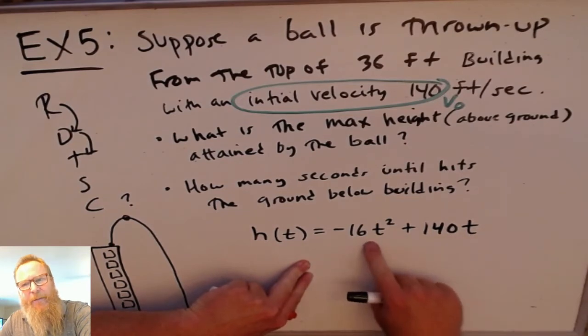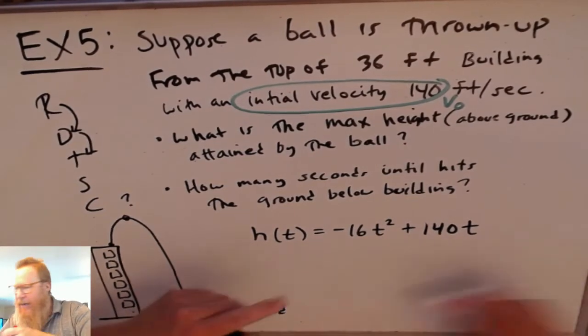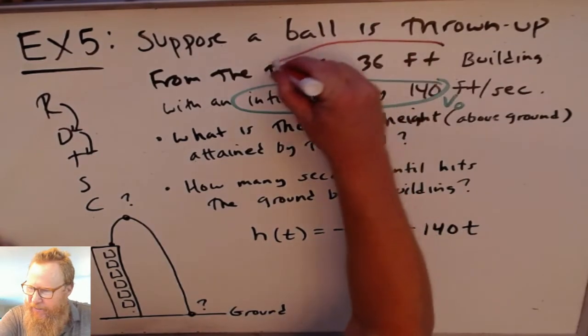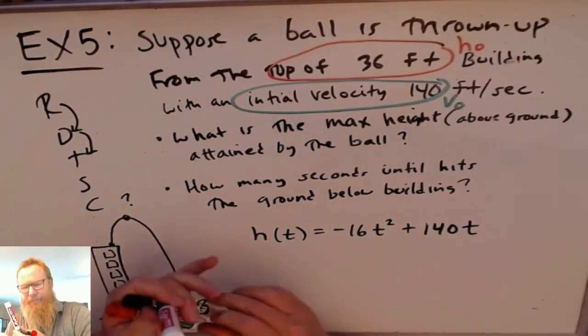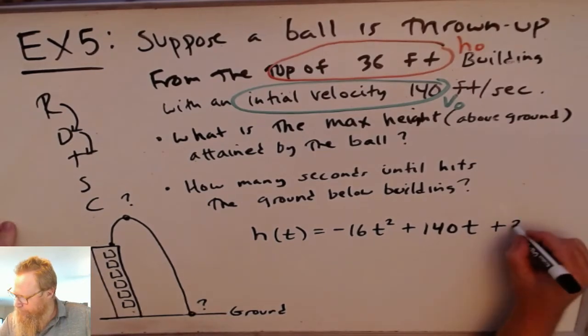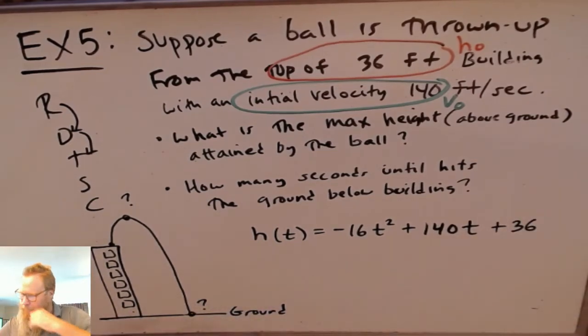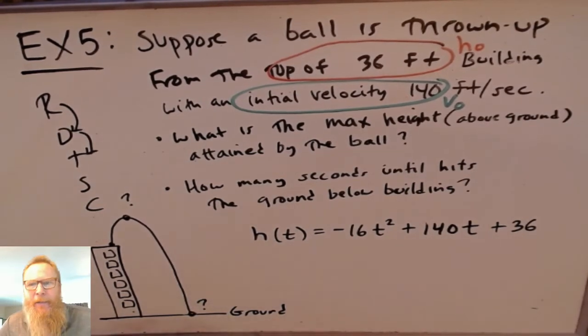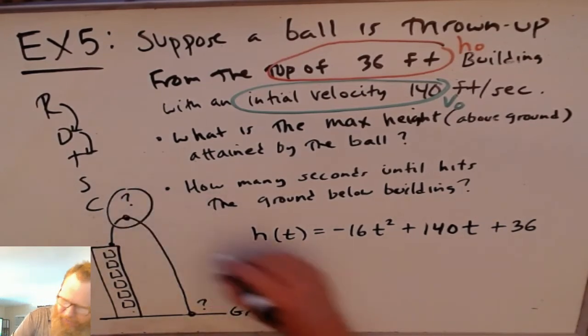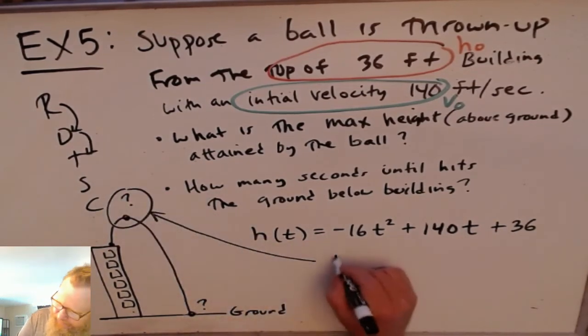So it always goes second power, then first power, and then constant. That's your h0. Okay. So maximum height of the ball. What's the maximum height? That's called the vertex.